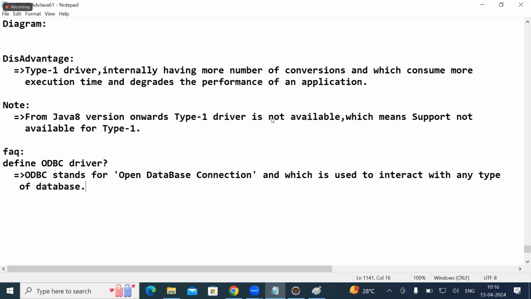MS Access is there, no? There also you can connect one database. ODBC will support. ODBC stands for Open Database Connectivity, and which is used to interact with any type of database.